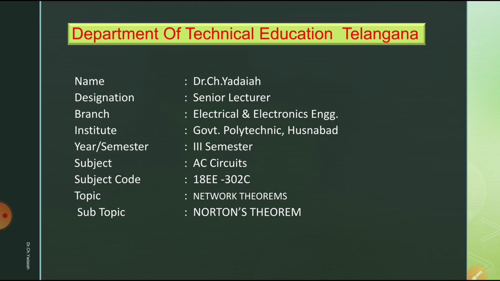Now we are going to learn Norton's theorem. So what is the difference between Thevenin's theorem and Norton's theorem? They are similar. In Thevenin's theorem, the complex circuit is converted into a voltage source in series with a resistance.